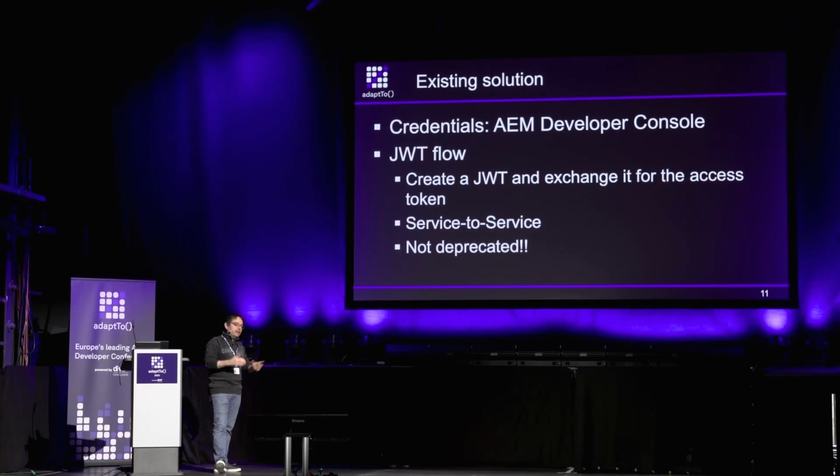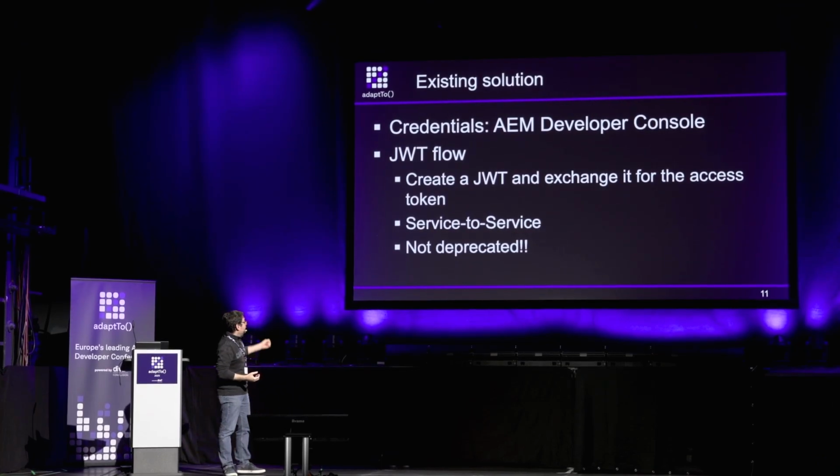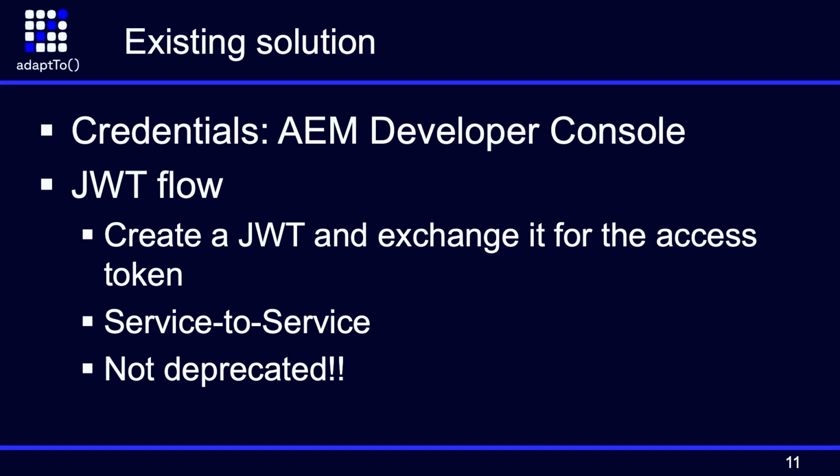I mean, you have probably seen a lot of emails from the Adobe Developer Console where this flow was deprecated and is no longer available. That is true. But in the AEM Developer Console, we continue using it. There is no weakness in it. There is no vulnerability, no problem. The only problem that we have is that it's not a standard OAuth flow, and it's more complex. Right? You need to build that JWT and exchange it. It's more complex than what we do in OAuth. That's why we are dropping it, but it's totally fine.